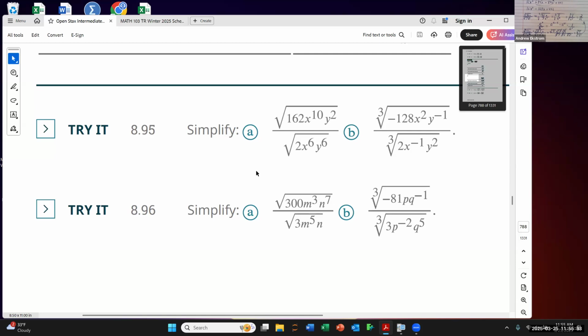So I have the square root of 162 x to the 10, y squared, divided by the square root of 2 x to the 6, y to the 6.